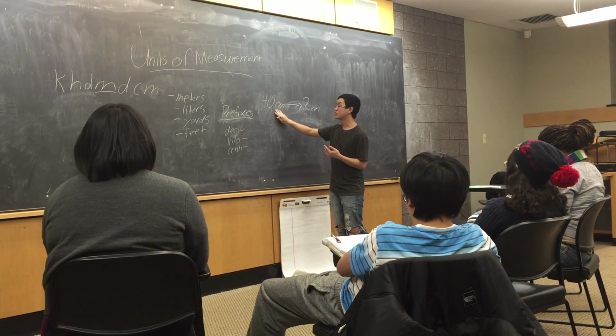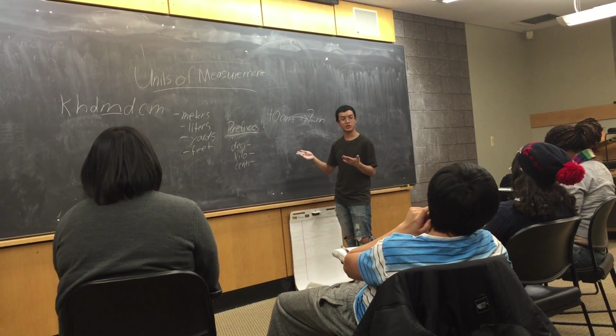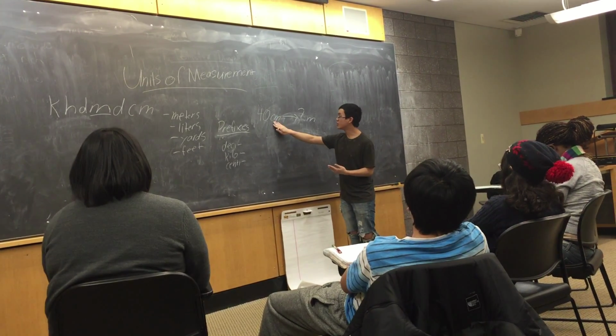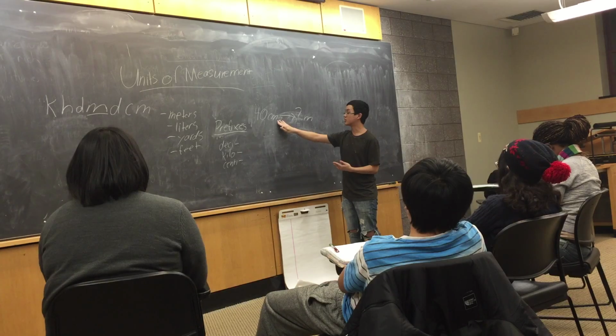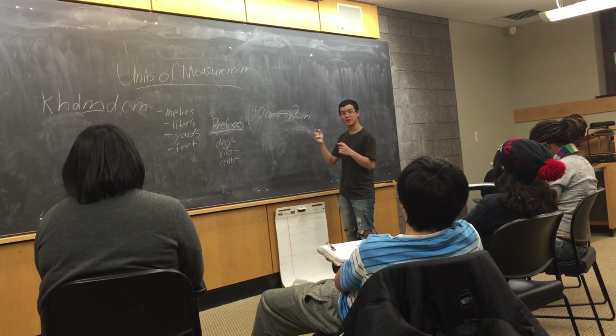If I were to go from a smaller unit, and we'll talk about how you know something's a smaller or larger unit towards the end of the lesson, you would divide the smaller unit by how many units it takes to make up that larger unit.